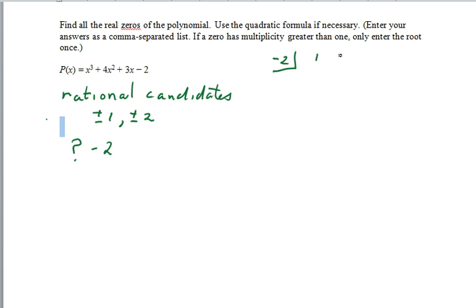So the coefficients are 1, 4, 3, and -2. One will be the leading coefficient in the quotient. 1 times -2 is -2, add 4 is 2, times -2 is -4, add 3 is -1, times -2 is 2, and so the remainder is 0.